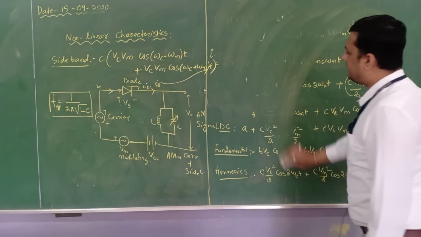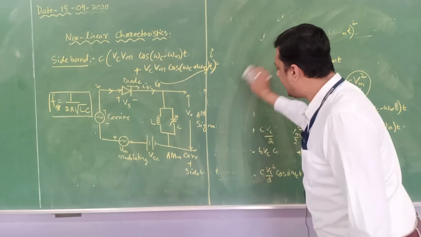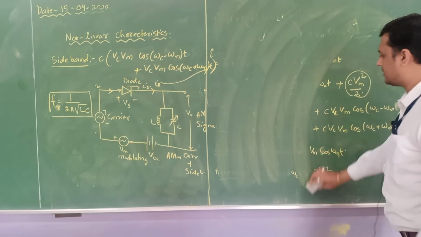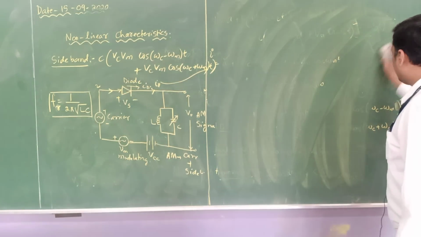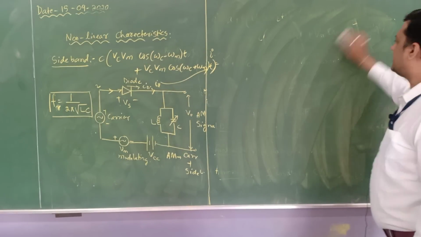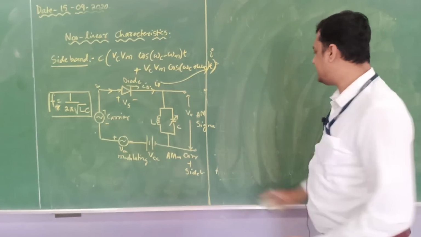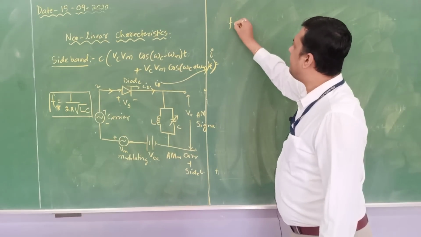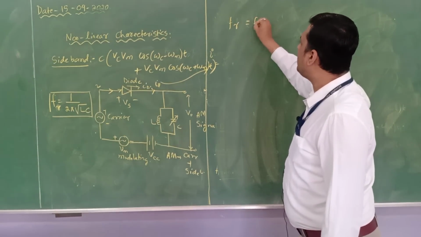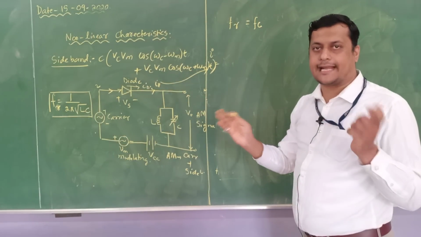Whatever we have derived is all about the output diode current, that is called ID. Now we will see what is the output current available with respect to the tuned circuit. This is LC. Now this LC's FR is matched to FC as well as to the sidebands.